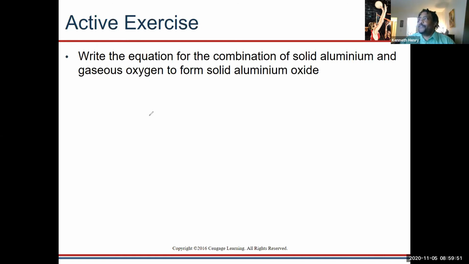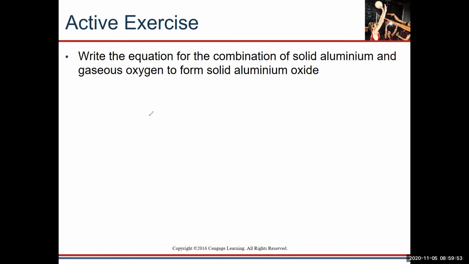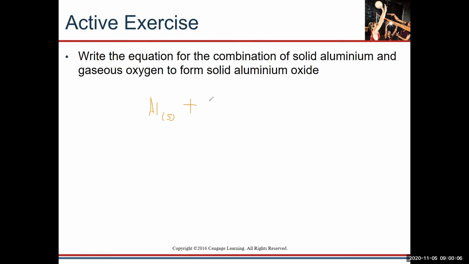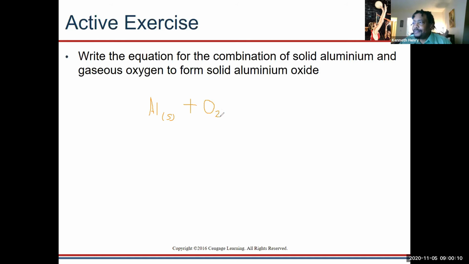What is the chemical formula for aluminum? Al. And it's a solid, so we're going to put the S. And the other one is oxygen. Oxygen, yeah, but it's a diatomic, so it'll be O2. Good job. Brownie points for remembering it's a diatomic.